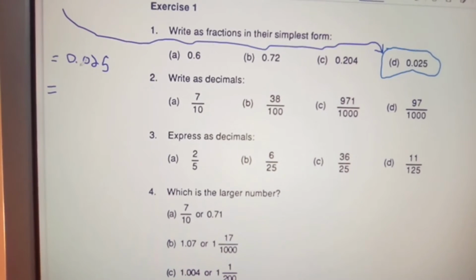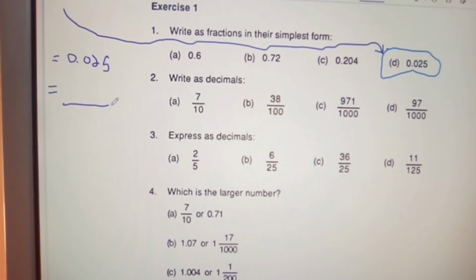So again, how many zeros are we going to add? We move the decimal point 1, 2, 3. So we're going to add 3 zeros. So that's going to make it over 1,000.